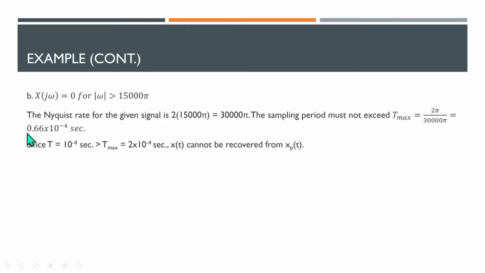T max is equal to 0.66 times 10 raised to negative 4 seconds. Since T equals 10 raised to negative 4 seconds is greater than T max equals 0.66 times 10 raised to negative 4 seconds, x(t) cannot be recovered from x_p(t).